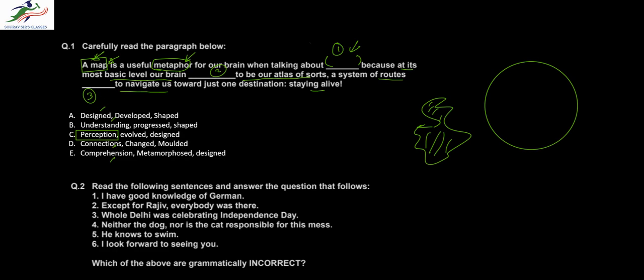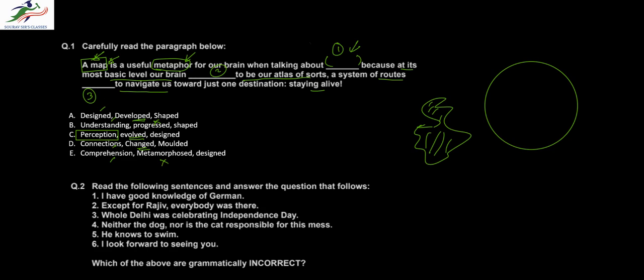And then it says, at its most basic level, our brain dash to be our atlas of sorts. Now we can clearly make out that the brain has developed, evolved, progressed, changed, whatever. So the most appropriate word could be evolved, or developed, or changed, right? Progress is not a very good word to use here.